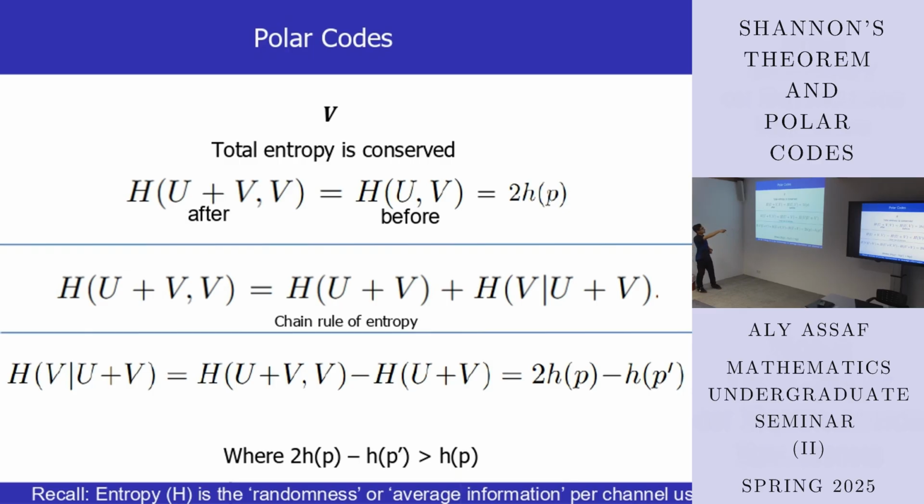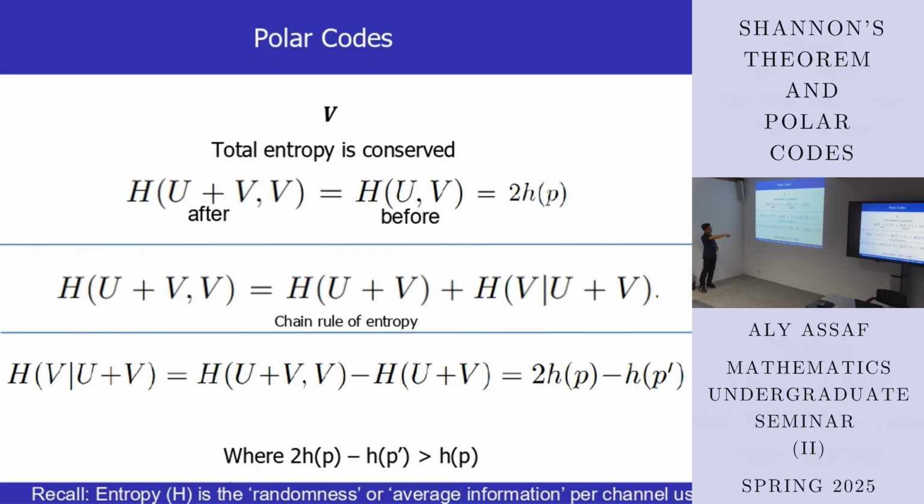Next, we move on to the chain rule of entropy, which is just this formula. You can think of it like, I find U and V, so I send U plus V, for example, and then I observe V, given that I now know U plus V. You can think of it like the total conditional entropy.